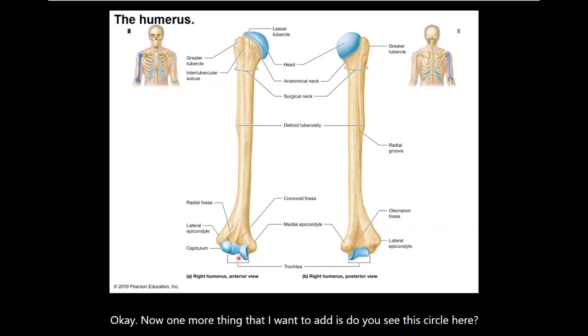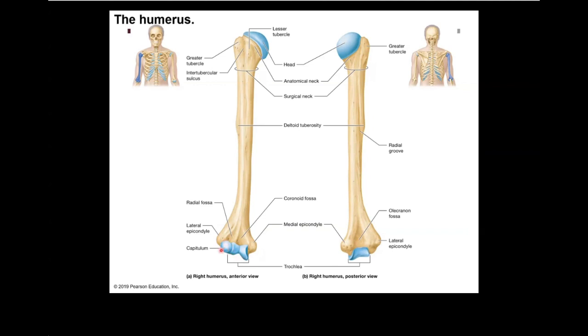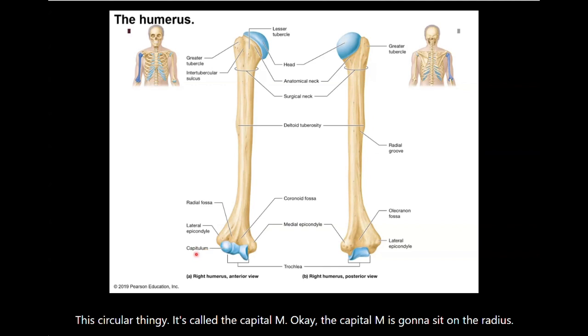Now, one more thing that I want to add is, do you see this circle here? This circular thingy is called the capitulum, okay? The capitulum is going to sit on the radius. And then next to it, we have something called the trochlea. We can also see the trochlea from posterior.